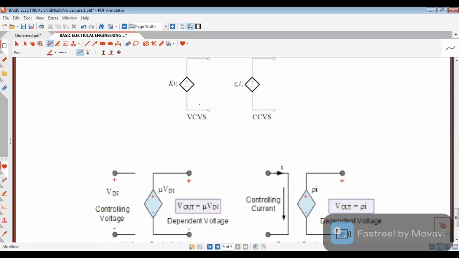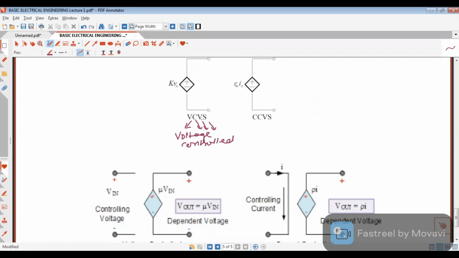So this representation is a voltage controlled voltage source. It means this voltage is controlled somewhere in the circuit.